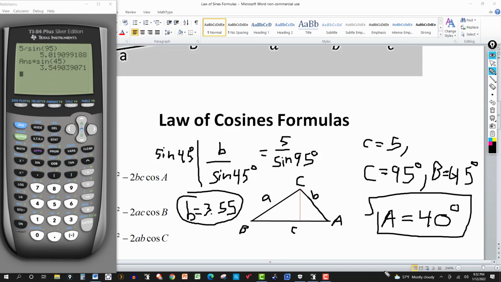Now, we're missing side A. Okay, we have all the angles, we're missing side A. We got B, we already got C. So, for the next one, then I'll just have side A divided by the sine of the opposite angle. And the opposite angle to that is 40 degrees, so sine of 40 degrees.